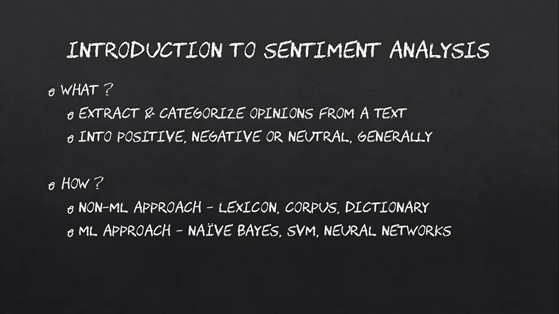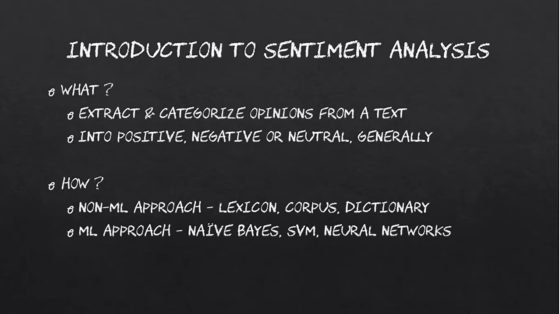So introduction to sentiment analysis. So sentiment analysis is basically extracting and categorizing opinions from a text into positive, negative or neutral categories. So generally there are three categories. In some applications, strongly positive and strongly negative are also considered as categories. There are two basic approaches.